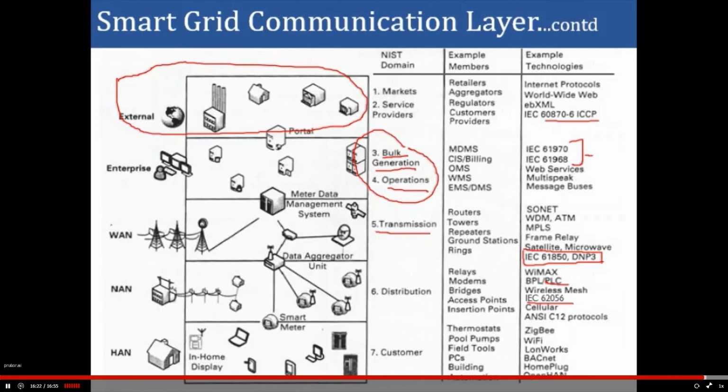All those components are part of the enterprise level activities, that means they are part of a particular utility. After this, the information is shared with the external world for information processing by the various stakeholders. We will discuss a couple of important technologies as we progress in this course.